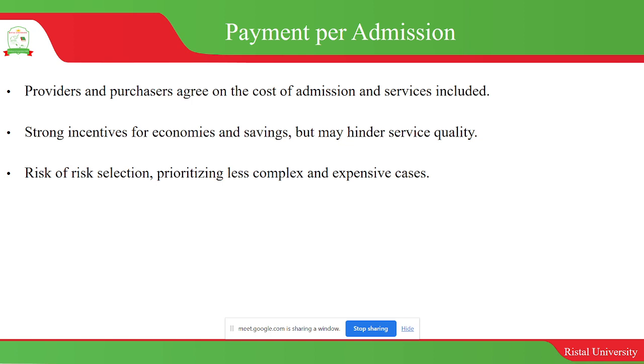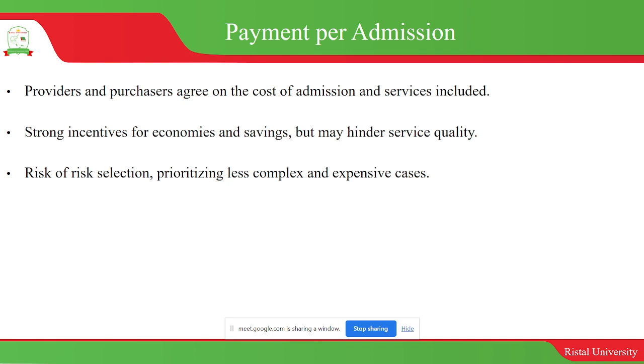Payments can be made to providers on services such as admissions. So if a patient is admitted, then providers are given a fixed fee for that admission, because this is agreed prior.